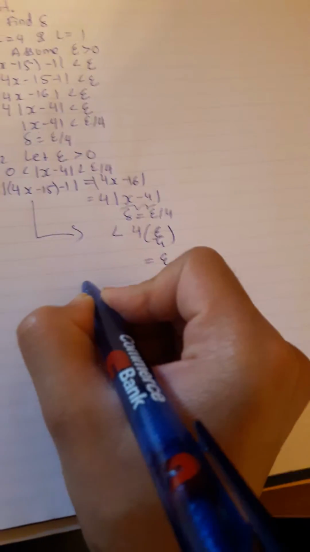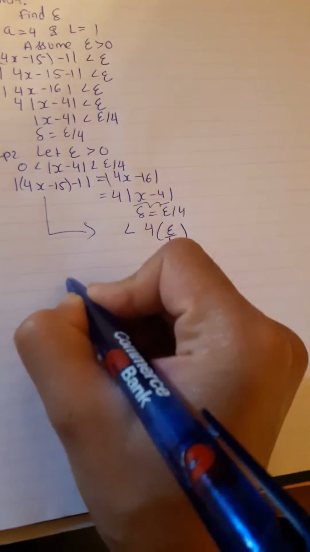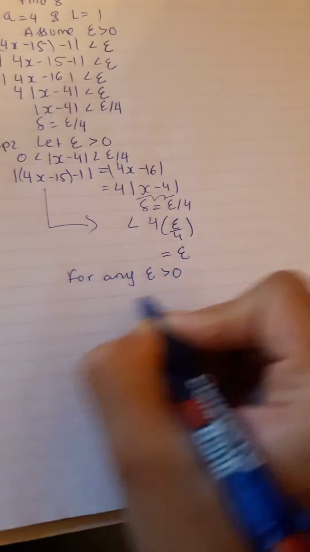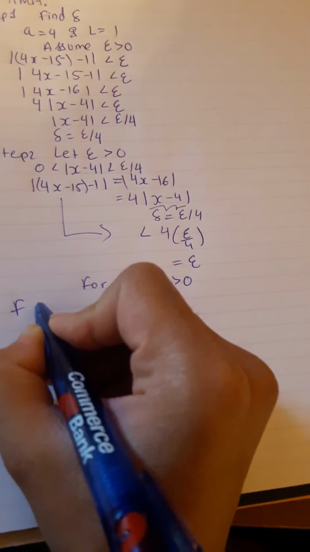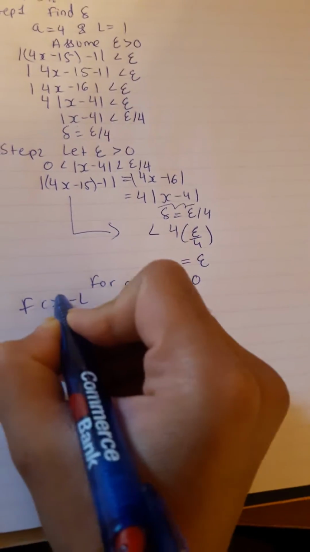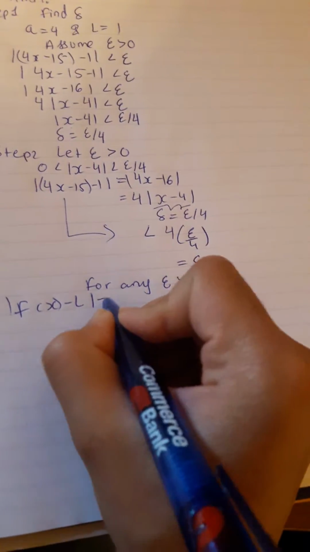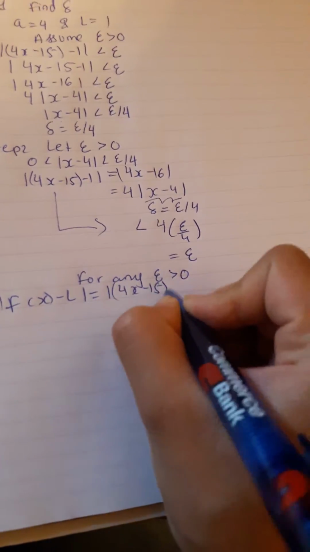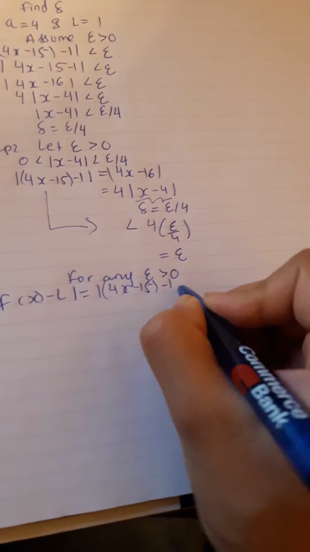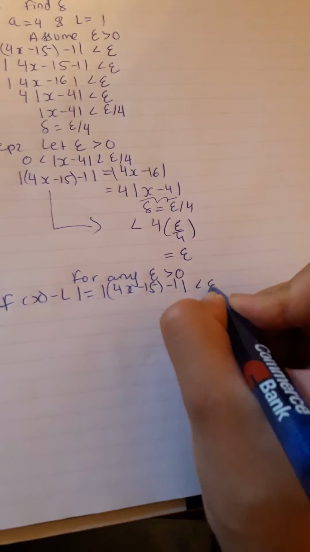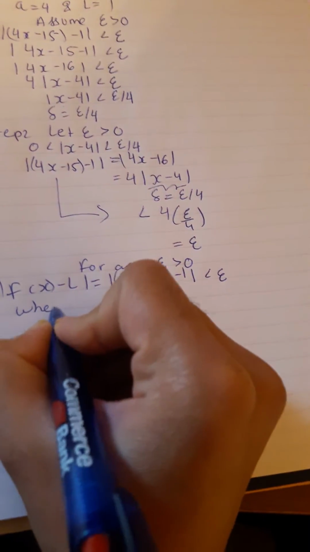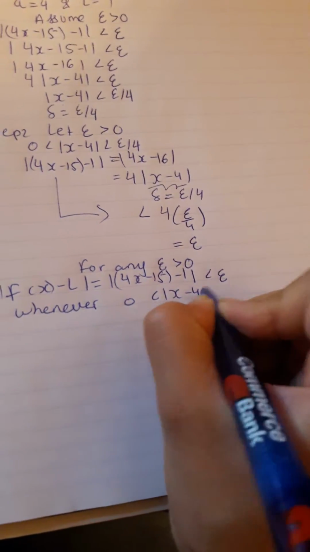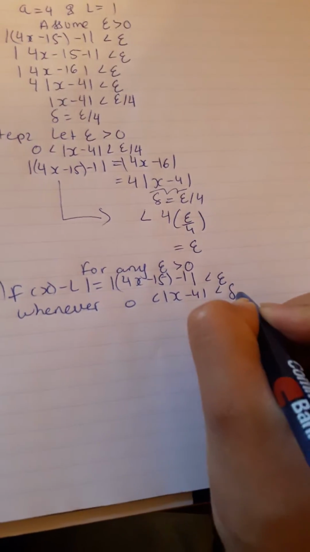Therefore, we have shown that for any epsilon greater than 0, we have |f of x minus L|, which is |4x minus 15 minus 1|, less than epsilon whenever 0 is less than |x minus 4| less than delta.